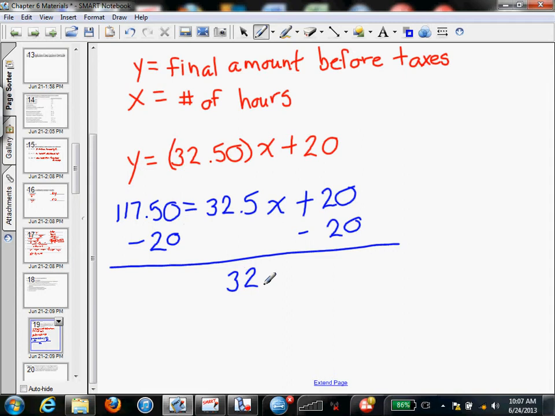So what are we going to have? Well, 117.50 minus 20 is 97.50, which equals 32.50x. So to get x by itself, we have to divide by 32.50 on both sides of the equation.